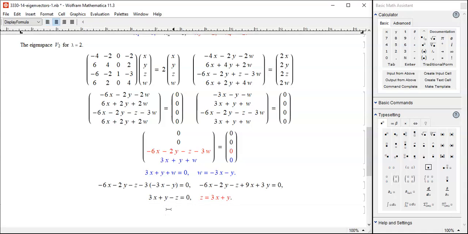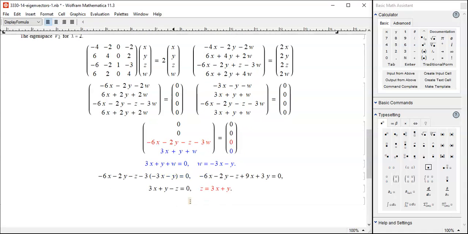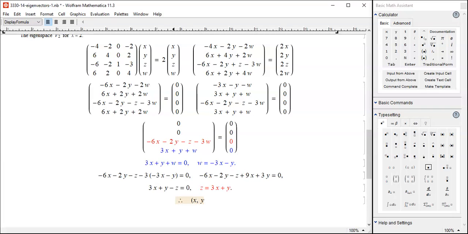Okay, looks like everything is correct. So therefore, it can be written as (x, y, z, w) with z equal to 3x plus y, and w as negative 3x minus y. You can write it like this.